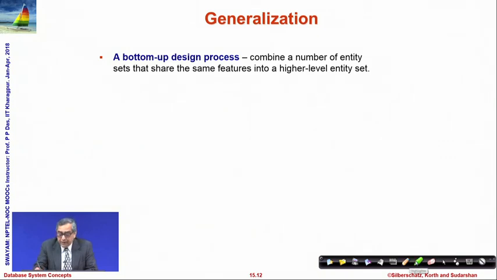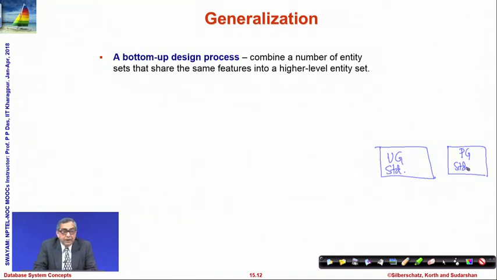For example, let us say that I have one entity set which is UG student, and another entity set in the same university which is PG student. Both of them are students, and naturally they are disjoint. A person cannot be a UG as well as a PG student at the same time.